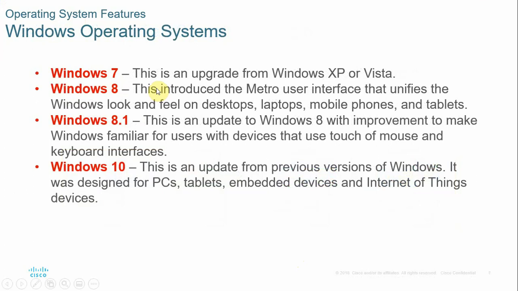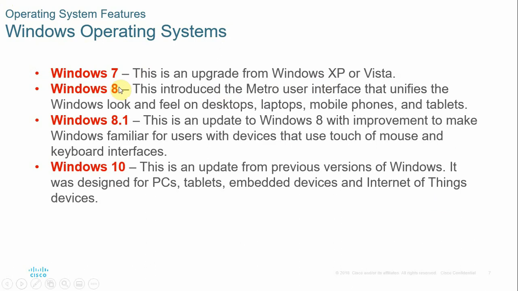Next we are going to see the different types of operating systems. As all of you know, nowadays we are using Windows 10. Before, we were using XP, 95, 98, Windows 7, Windows 8, and Windows 8.1, and now we are on Windows 10. Windows 7 was an upgrade from Windows XP.